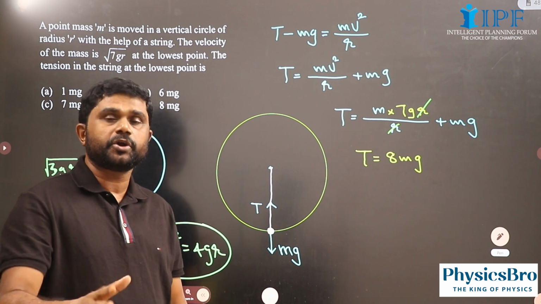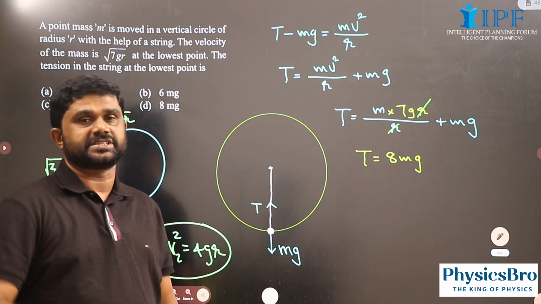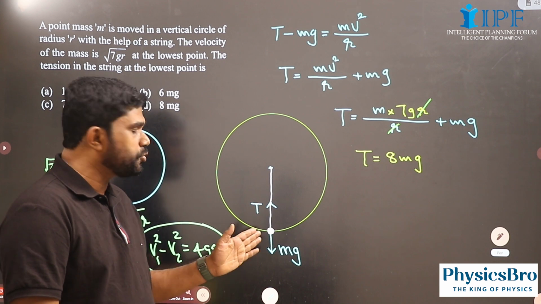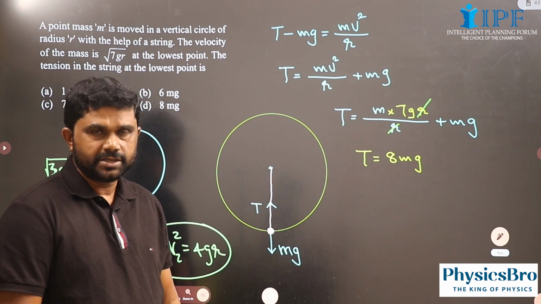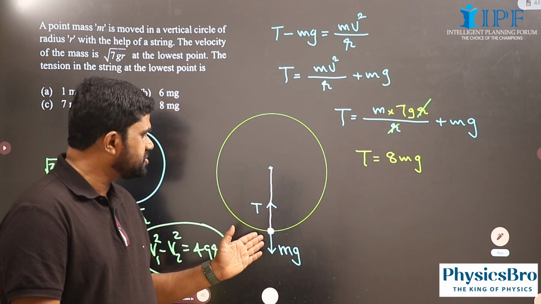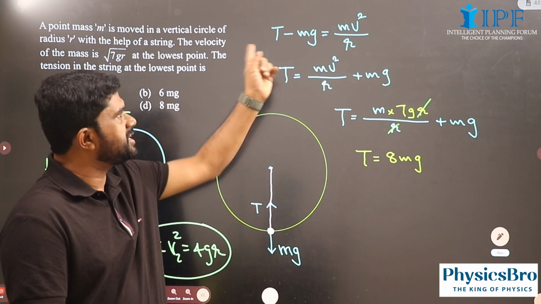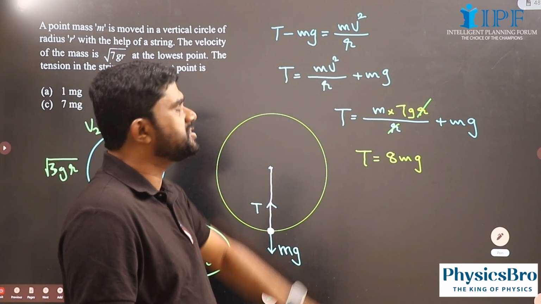Then only can the body move in a circle. Here we have two forces: one is acting towards the center and the other is away from the center. The resultant force must be towards the center, and that is T minus mg. That provides the centripetal force, which means it is equal to mv square by r.